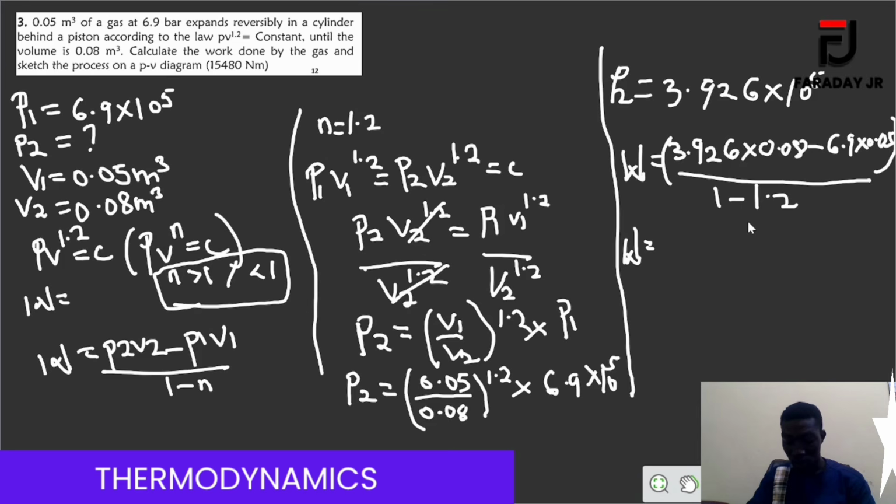Then multiply by 10^5. At the end we're going to get W equal to 1,546 Newton meter.